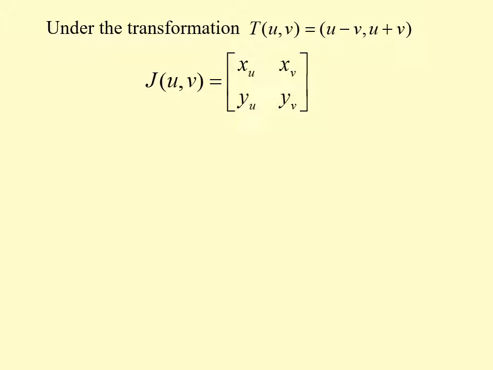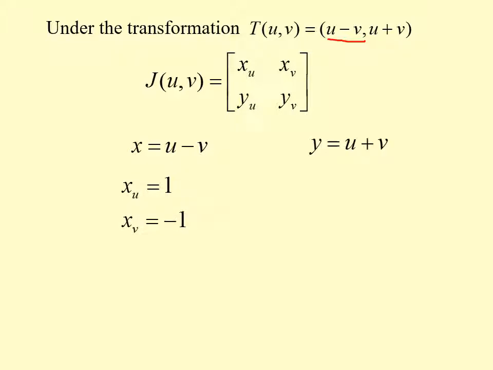Now if we're going to change that integral, then we're going to need the Jacobian, which here's the definition of our Jacobian matrix. We need to take the x, which is u minus v, the first component listed in the transformation. We need to do the partial of that with respect to u, which would be a 1, the partial with respect to v, which would be a negative 1.